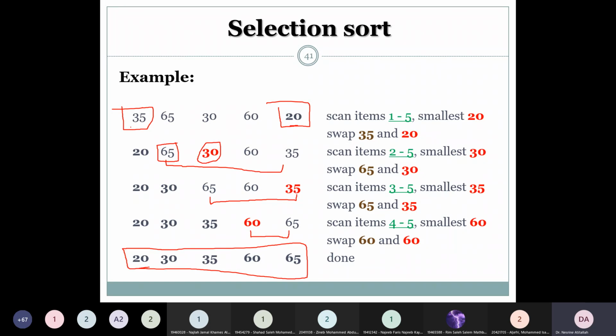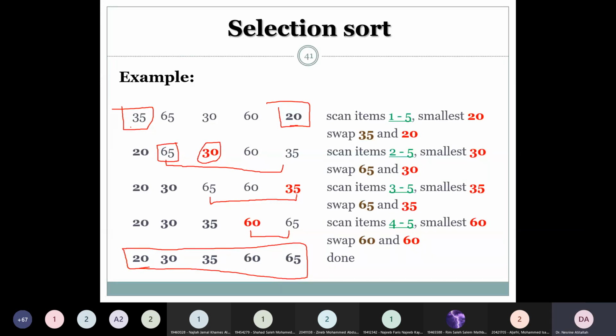It is an in-place sort, okay? So we will use the same list. We will make order with the same list, okay? We will just search for the smallest item and we will exchange, okay? We will do swapping between the smallest item and the first item of the list, okay?